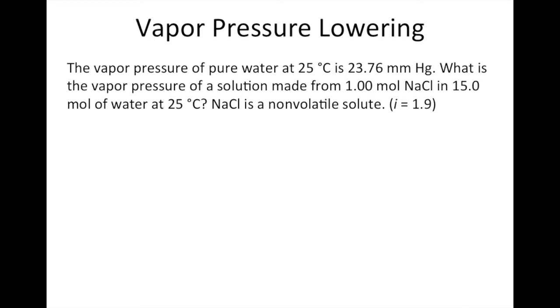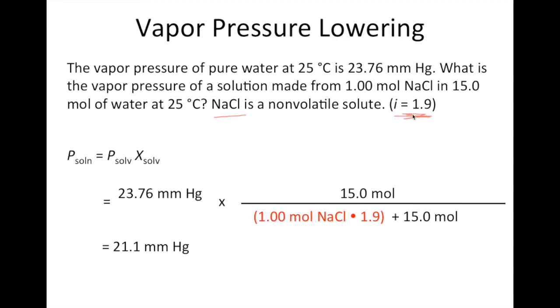Okay, so for this one, again, we have a very similar problem, but our solute is sodium chloride, which is ionic, and so therefore we do have some degree of dissociation, and we have to account for that using the Van't Hoff factor. So we use the same formula, essentially. We take the vapor pressure of our pure solvent, and we multiply it times the mole fraction of the solvent.